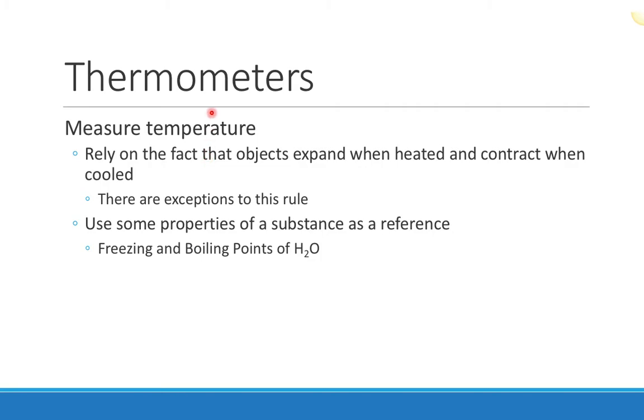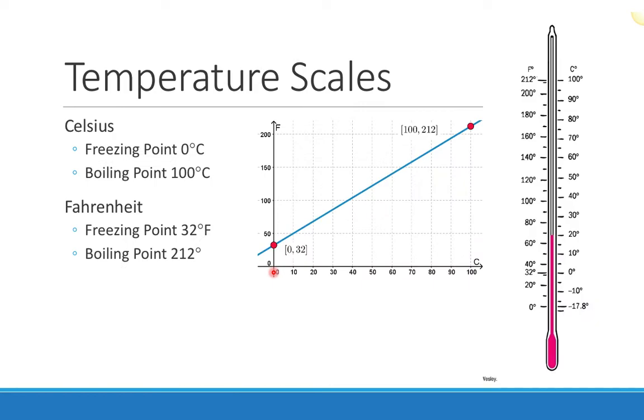So in the beginning stages of thermometers, we used a property of water, and you have to pick references for water, like the freezing and boiling point of water, and you would mark those on your scale, and that would allow you to then determine the temperature.